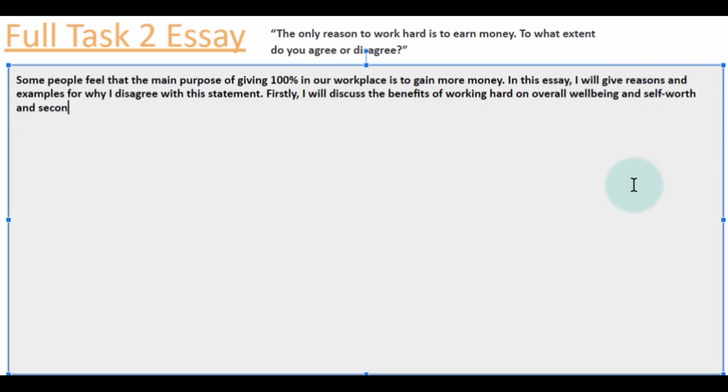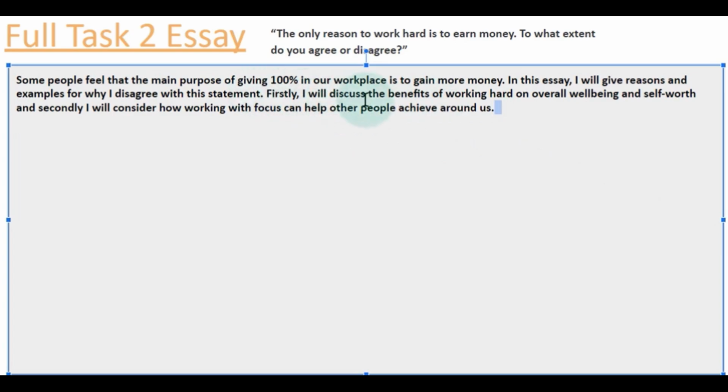And secondly, I will consider how working with focus can help other people achieve around us. Okay, so that's saying about helping others and charity here.